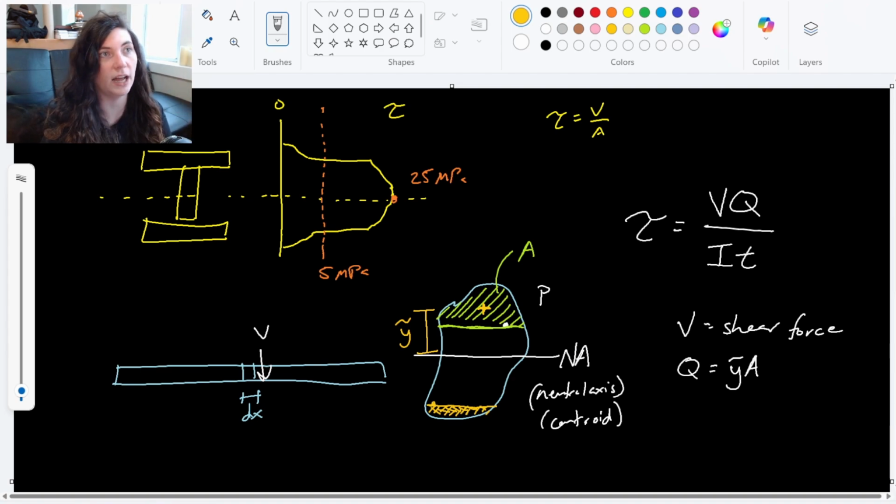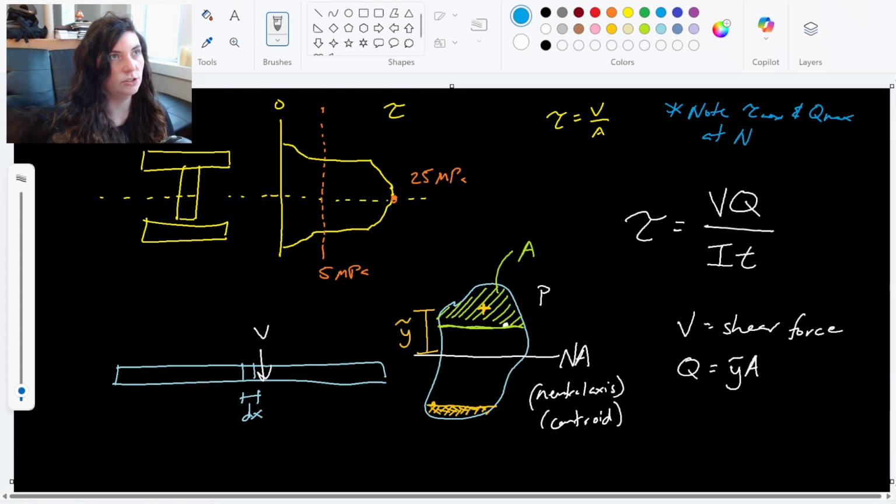There are going to be a lot of times where we're going to find the shear stress at the centroid because that's where Q is maximum and that's where our shear stress is maximum. I'm going to make a little note on that. Note that shear stress is max and Q is max at the neutral axis or at the centroid.